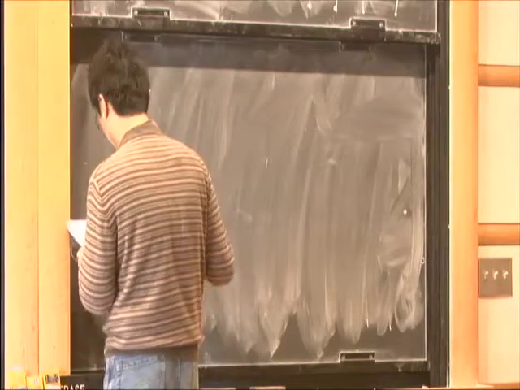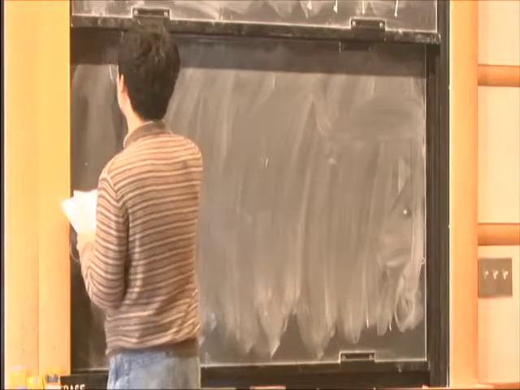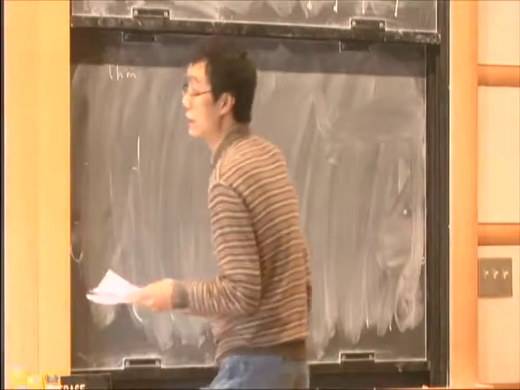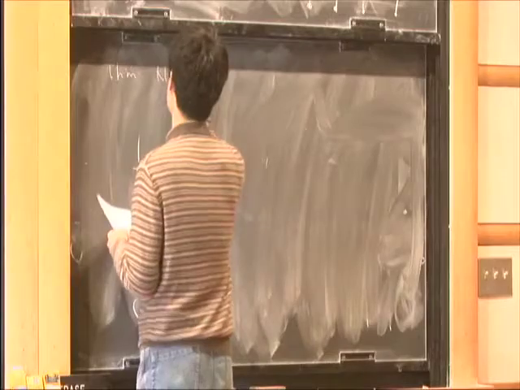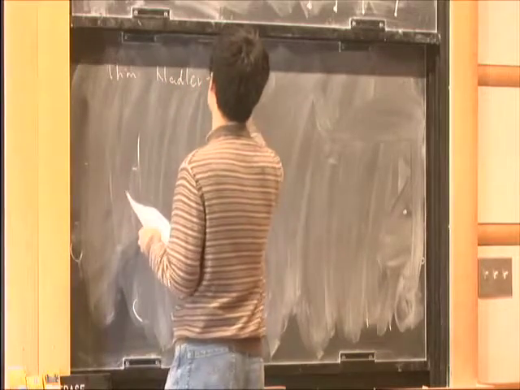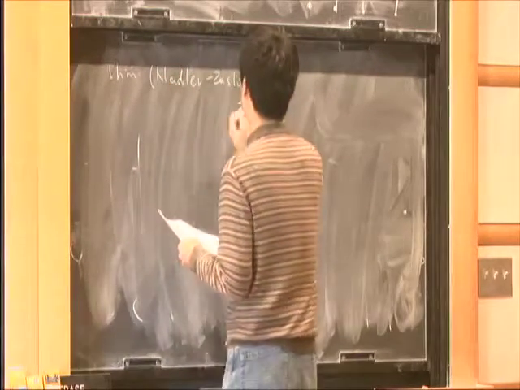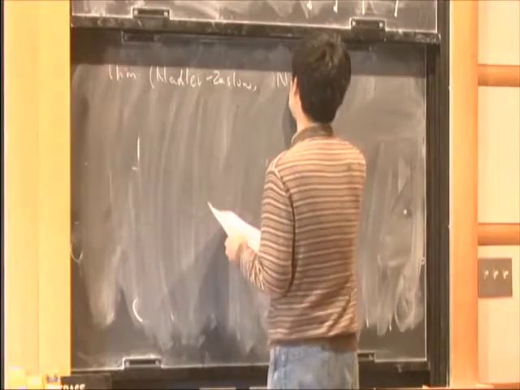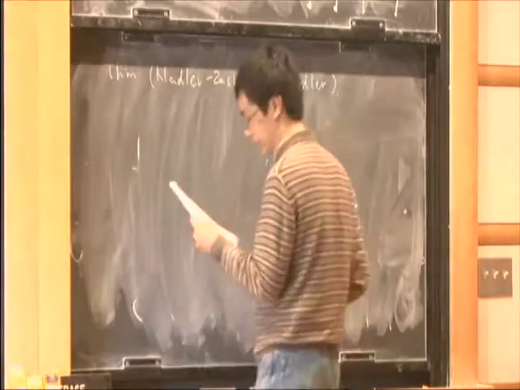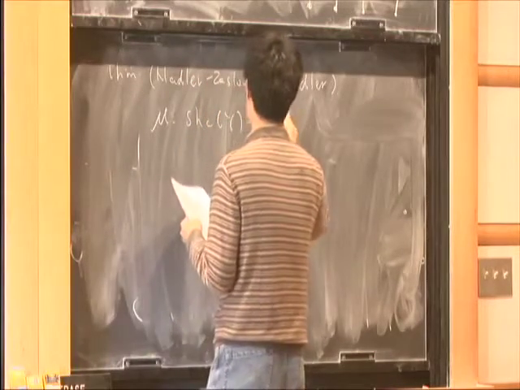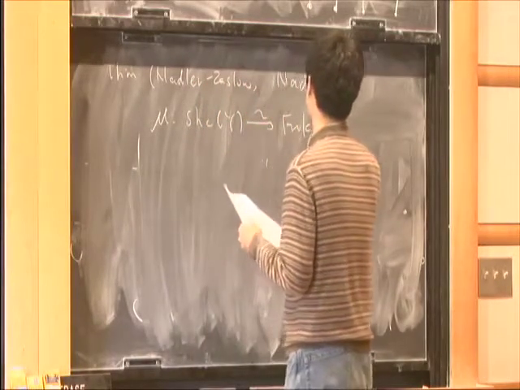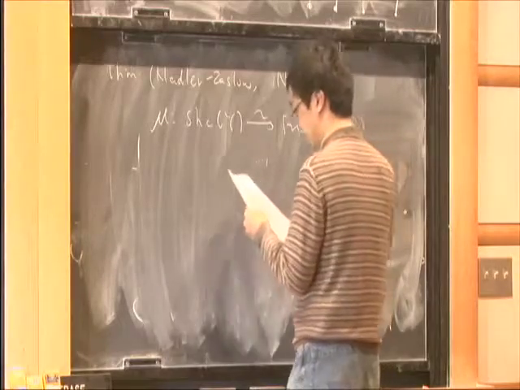Okay. So the theorem of Nadler-Zaslow here. Nadler and Zaslow proved it for the embedding, and Nadler proved it for the equivalence. That is, this one is an equivalence, especially.